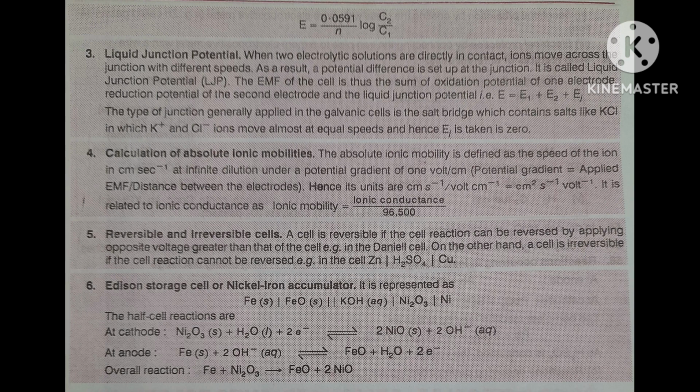Means ferrous oxidized. Fe became Fe2+, that you are writing as FeO. And Ni2O3, which was in plus 3 state, now became plus 2 state, NiO. That's why now it is plus 2, means reduction taken place. Then now overall reaction is Fe plus Ni2O3 converting to FeO plus 2NiO.